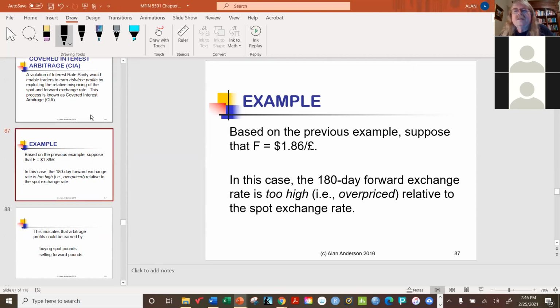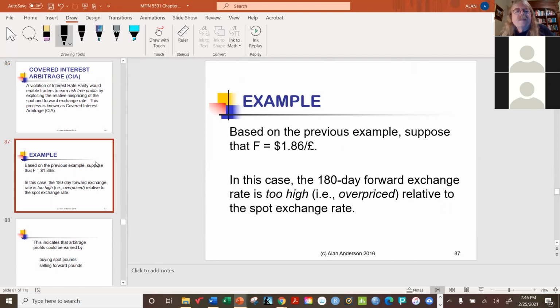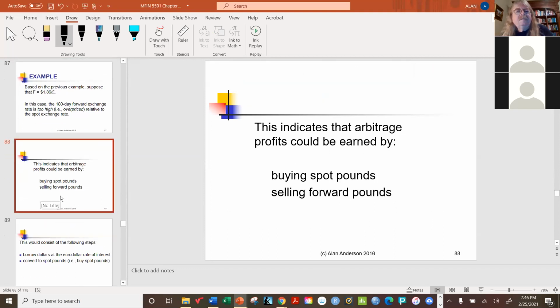F is 186. Somebody gives us a bad quote. We go ahead and take advantage of it. What does that mean? Well, if we go ahead and buy pounds today, when we sell our pounds through a forward contract, we will receive, because of this high quote, more pounds.